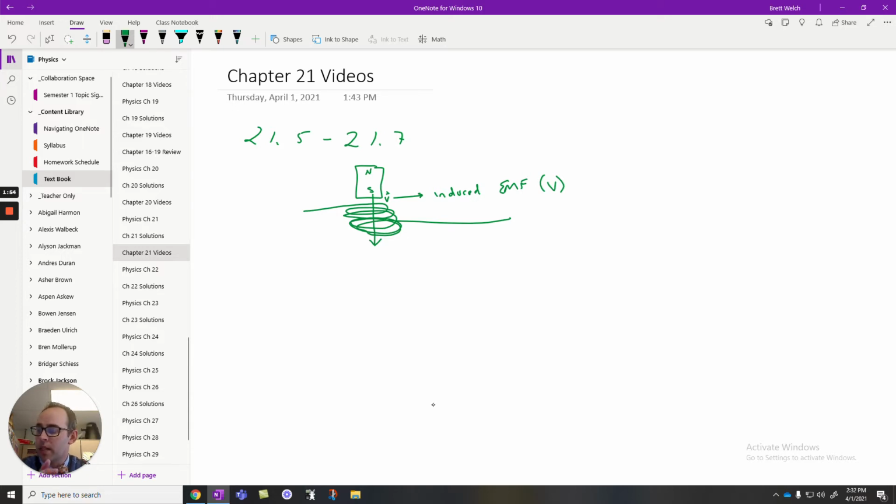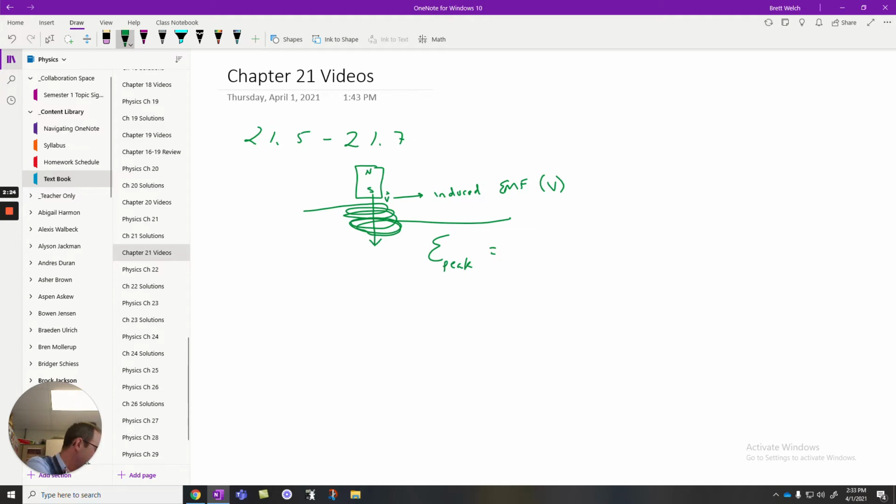Now if we want to know the most that we can produce, as we make that rotation happen, there's a point at which it's at its best case scenario. The motion needs to be perpendicular to the loops of wire. If the loops of wire aren't perpendicular to the motion, you're going to get less produced EMF. So for the peak EMF, I'm going to use an E for EMF.